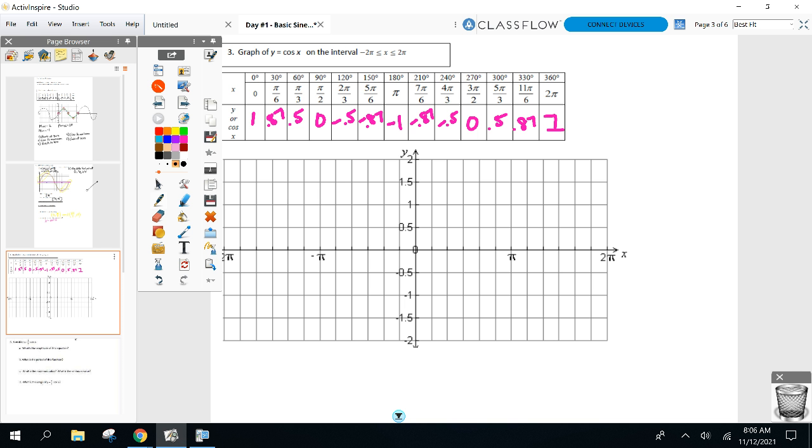Ready to graph it? Where does it start? Big difference right there, right? Big difference from sine. It does not start at 0, it starts at 1.